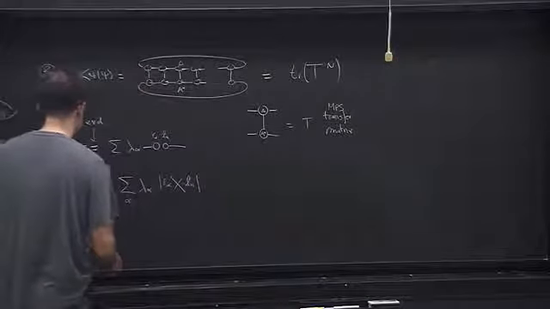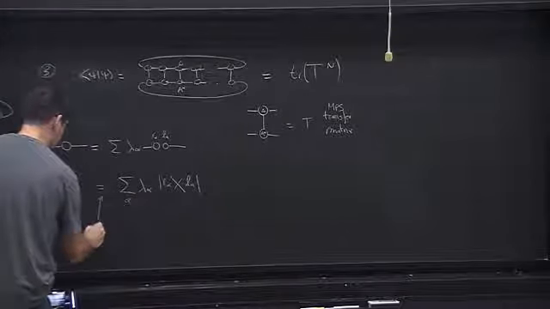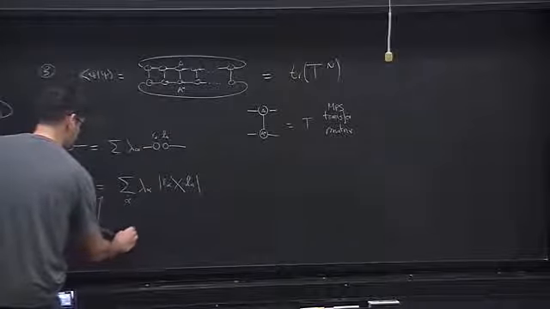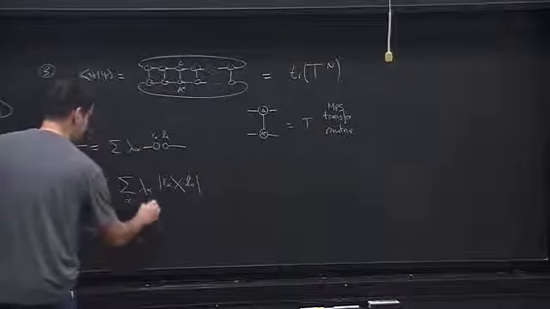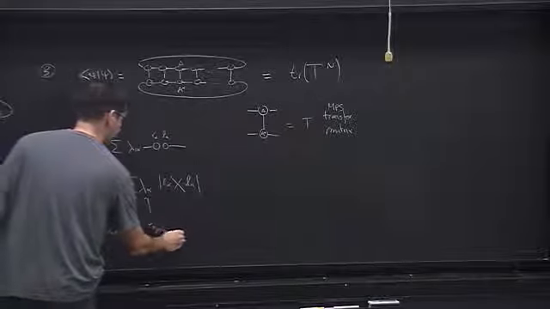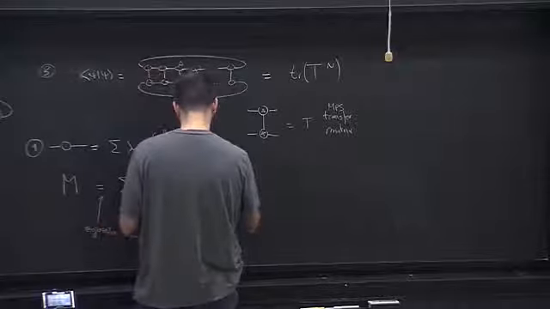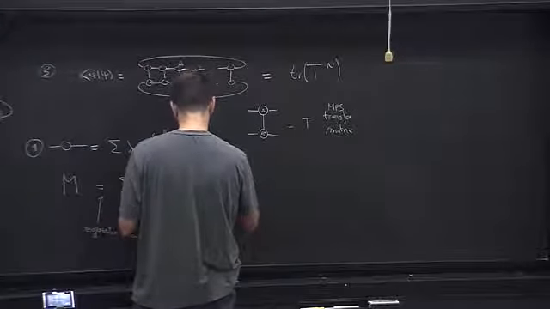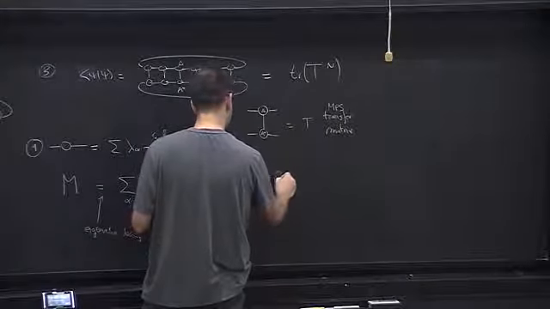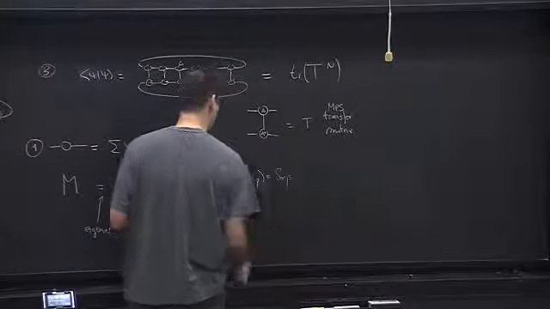This is the eigenvalue decomposition. These are the eigenvalues. And these left and right eigenvectors fulfill a biorthonormality condition.